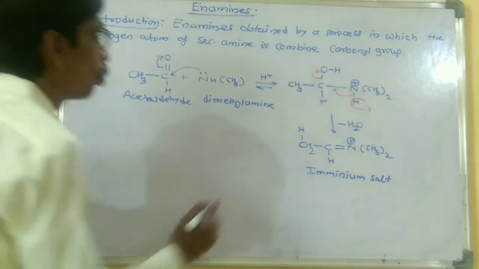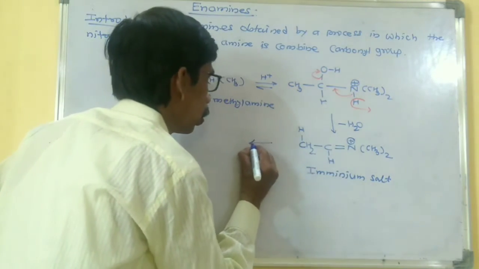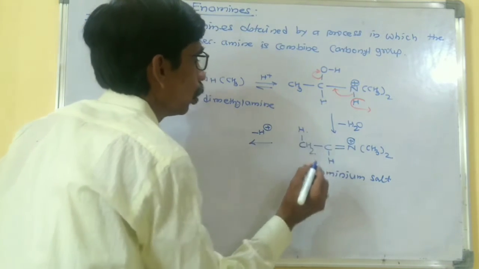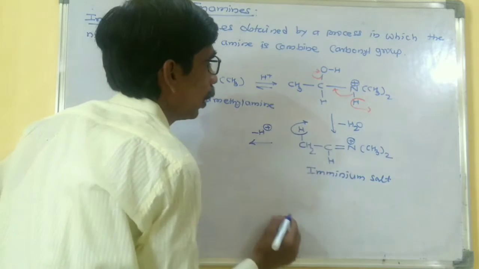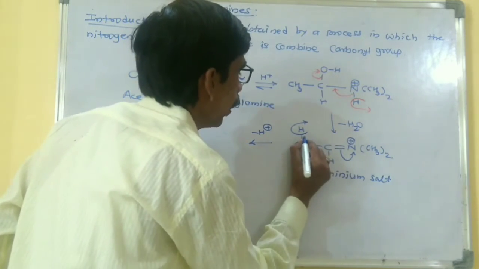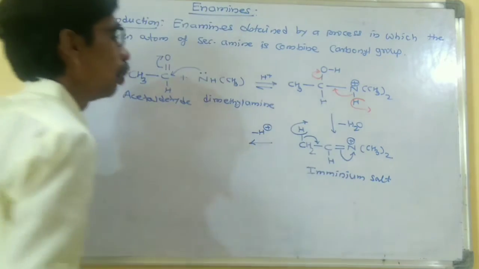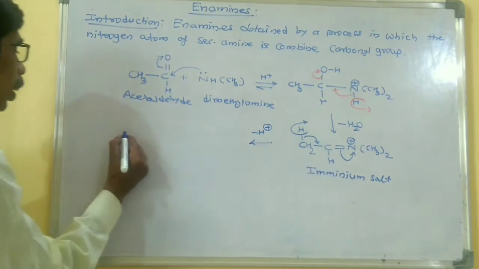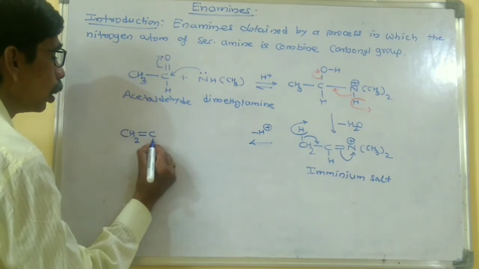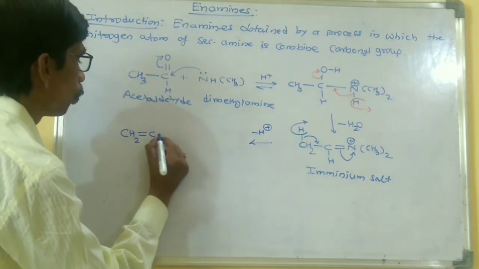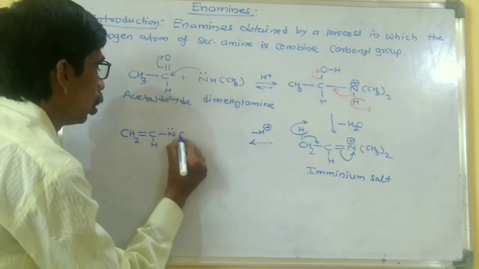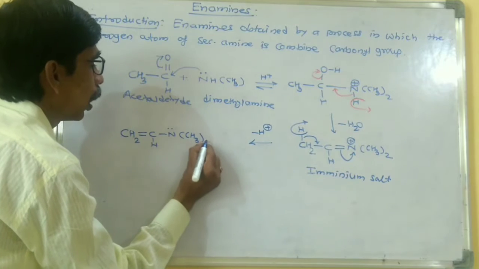Now, minus H plus. Now this bond is transferred onto the nitrogen atom, and this bond is transferred between these two carbon atoms. So we get CH2 double bond CH, N, CH3 twice.